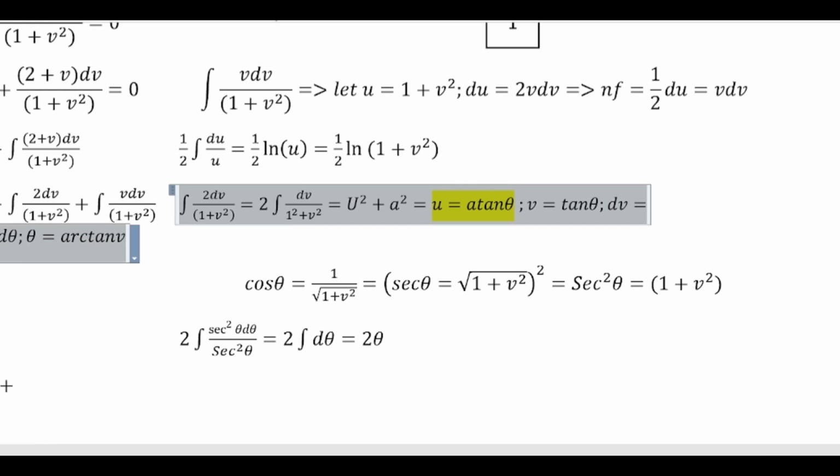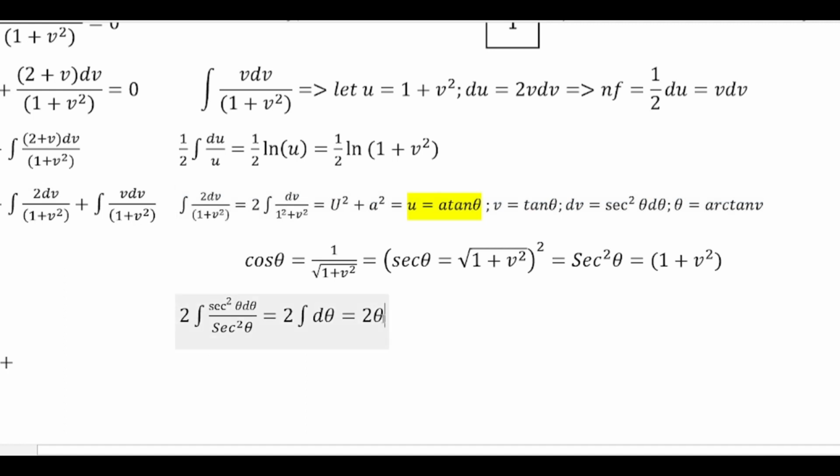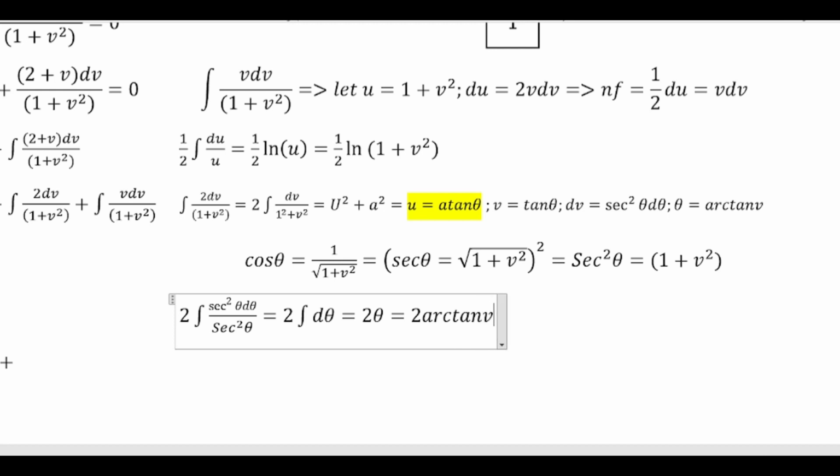Let's make it smaller again. There. Now that we have the value of theta, we'll just substitute the value of theta over here. So that would be 2 arctan V.